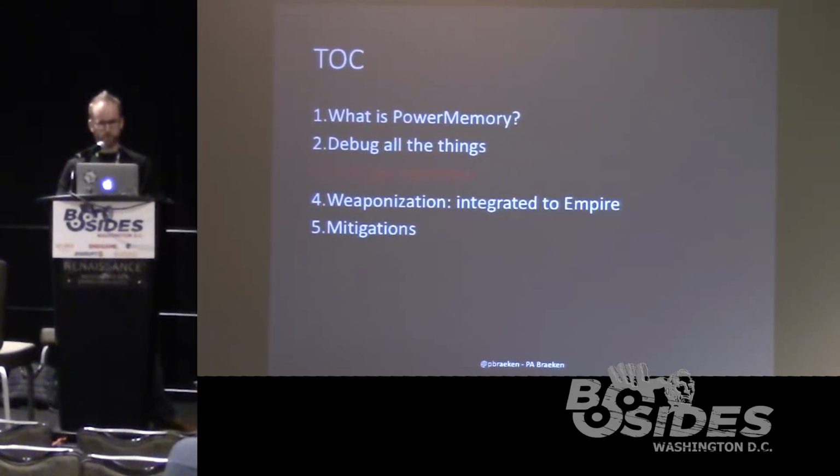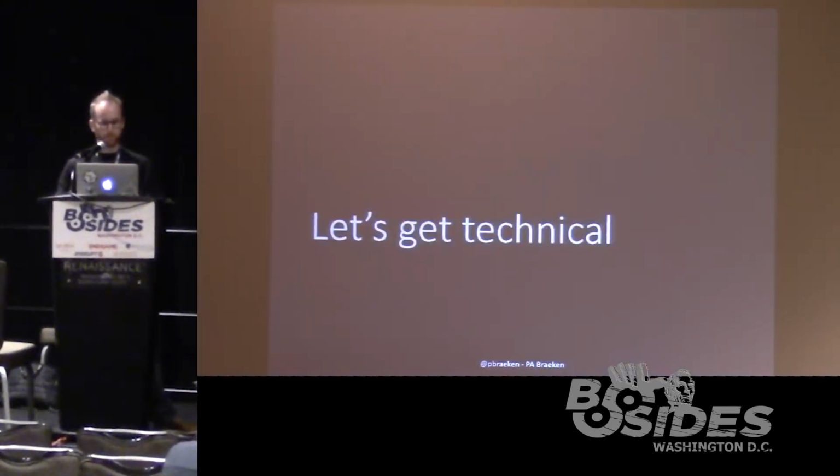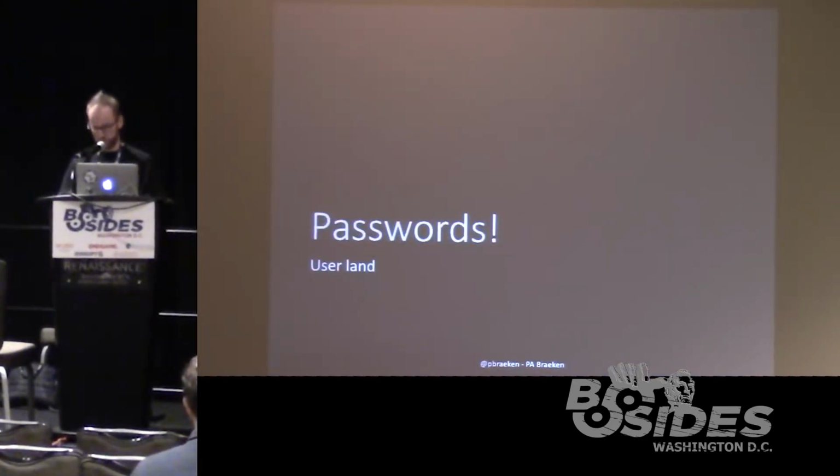So to really understand where to get the password, I will show you where it is. And it's not in kernel land, it's in user land, so you don't have to be in the kernel to do that.